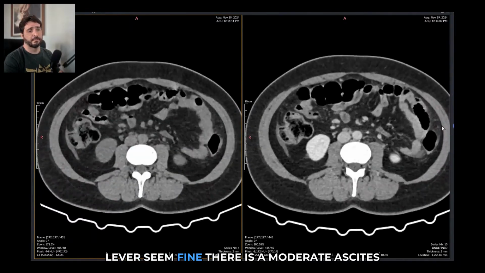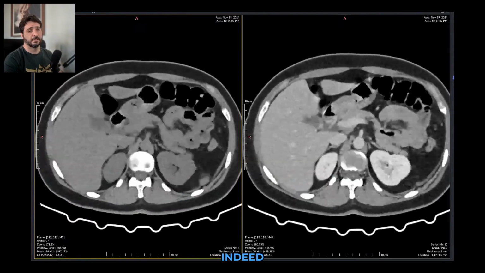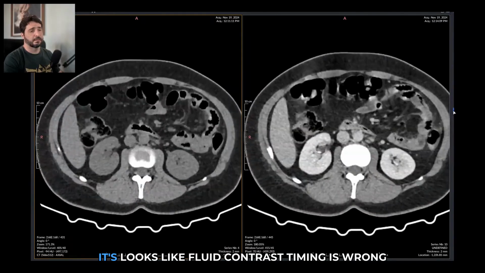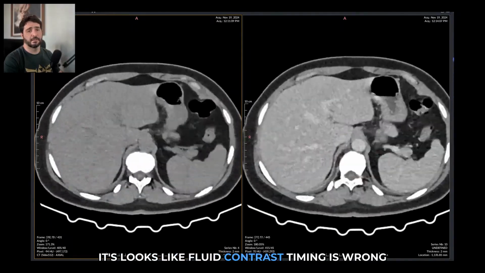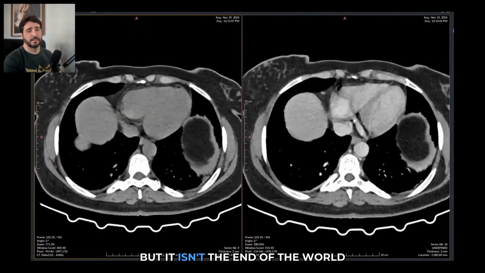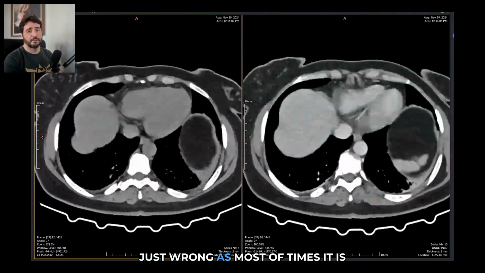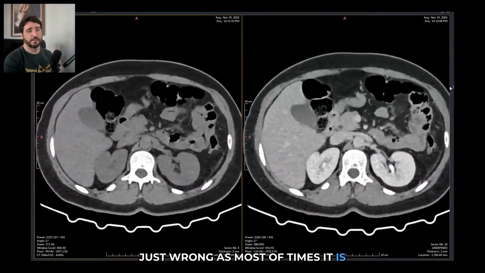Liver seems fine. There is a moderate ascites indeed. It looks like fluid. Contrast timing is wrong, but it isn't the end of the world. Just wrong, as most of the time it is.